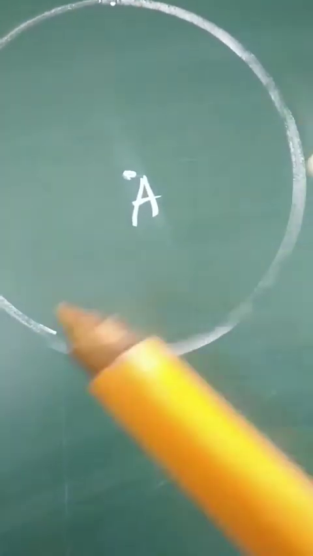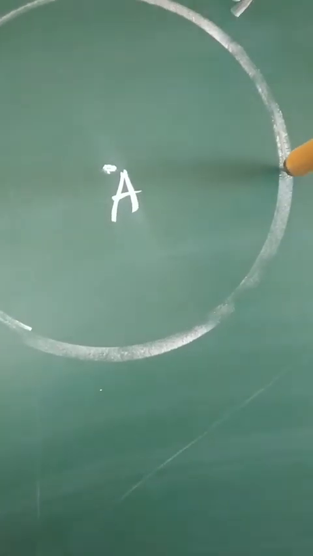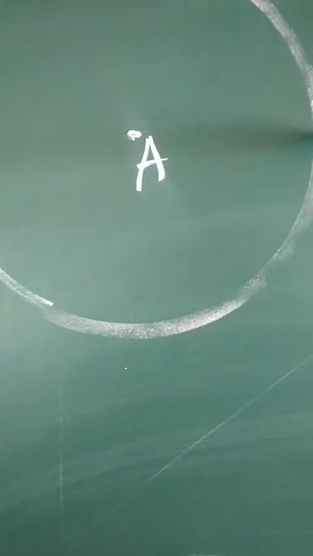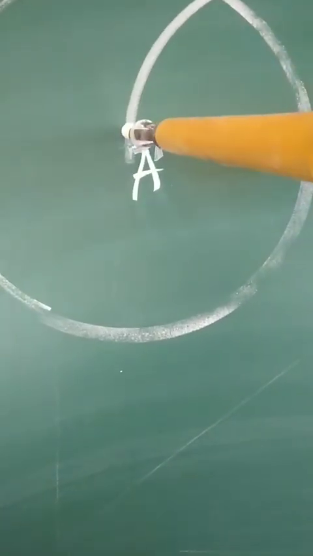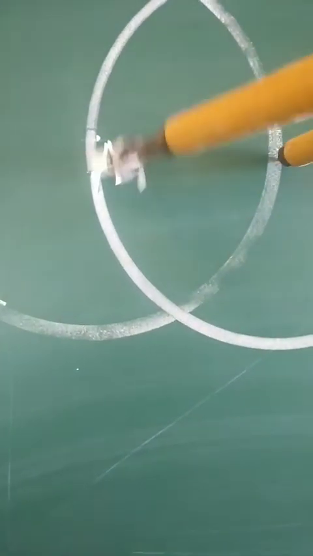This is A. Now, as it was mentioned in the question that the circles must be passing through the centers of each other, if I choose this point here as point B and draw one circle, that particular circle will be passing through the center A. So this way, children, I'm going to construct another circle.